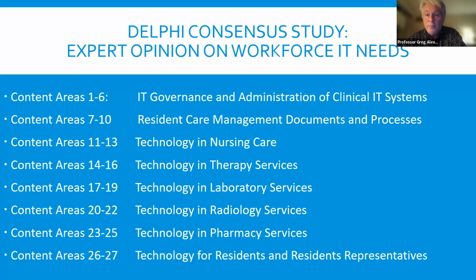Those types of things, how bed availability estimation is done, and how people are managed when they're referred are all important things. So these other areas are pretty self-evident: the resident care management, technology and nursing care therapy, laboratory, radiology, pharmacy, and residents and resident representatives.